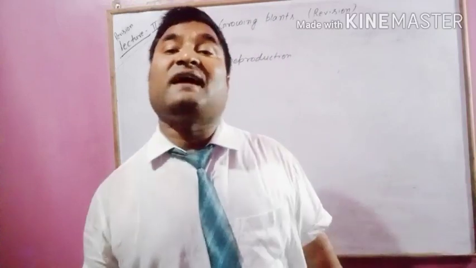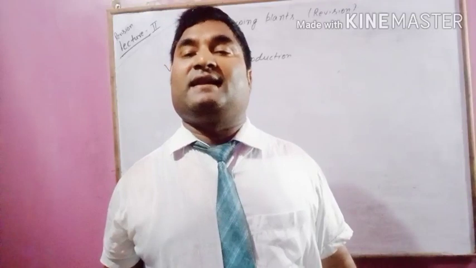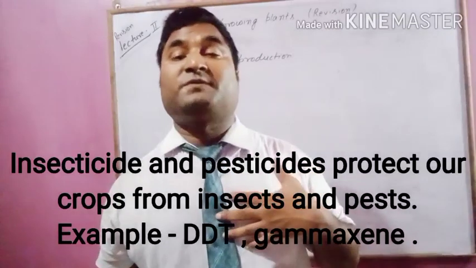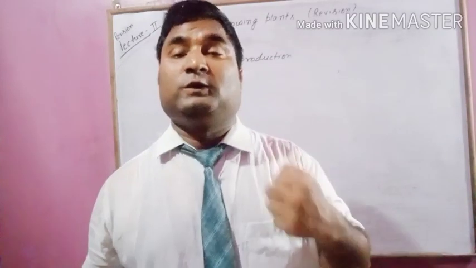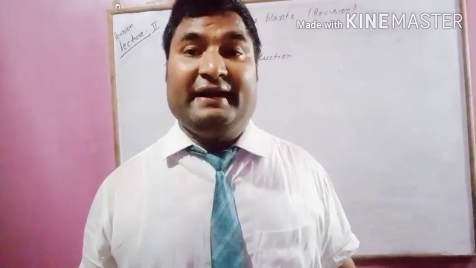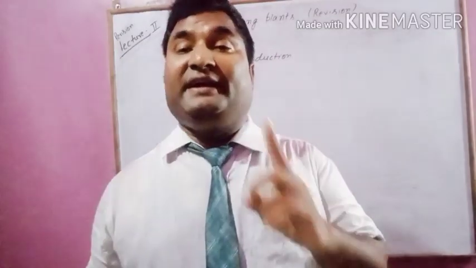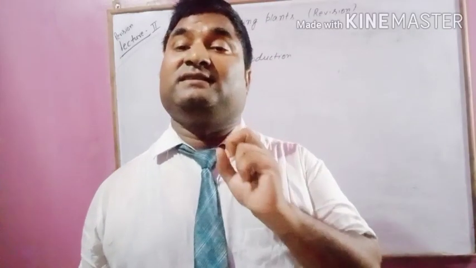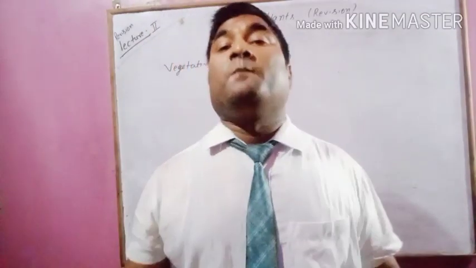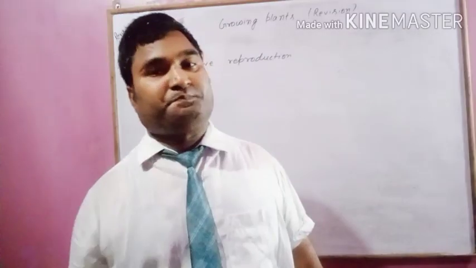These pesticides and insecticides will kill the pests and insects, and they will protect our crops from getting damaged. It can be done by chemicals such as DDT, Gamexin. You have to remember these two names. DDT and Gamexin are the two insecticides that are used to protect the crops from insects and pests.